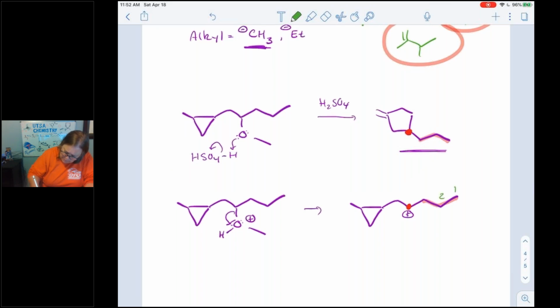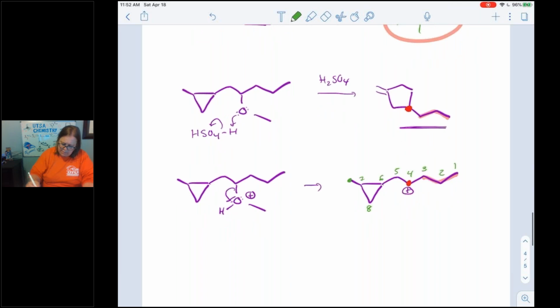1, 2, 3, 4, 5, 6, 7, 8. I didn't number this methyl group here because I didn't really need to, but you can number it if you want, because that methyl group is that methyl group there.